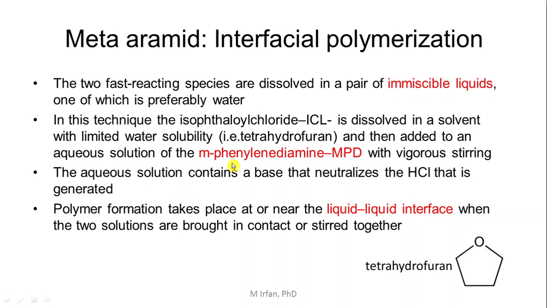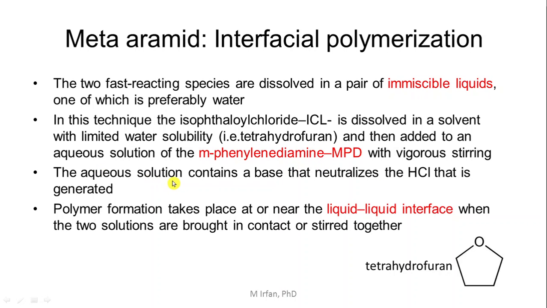Another method through which the polymer can be synthesized is interfacial polymerization. In interfacial polymerization, the reacting monomers are dissolved in a pair of immiscible liquids, one of which is usually water. So, for the synthesis of meta-aramids, isophthaloyl chloride is dissolved in a solvent like tetrahydrofuran, which is immiscible with water, and then the aqueous solution of metaphenylene diamine is mixed with it with vigorous stirring.